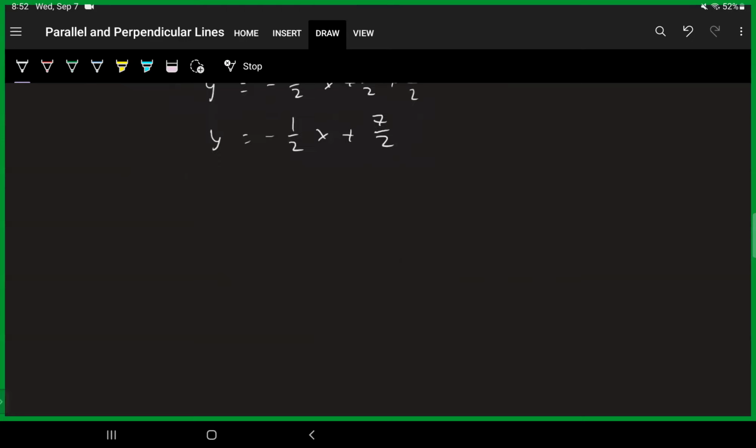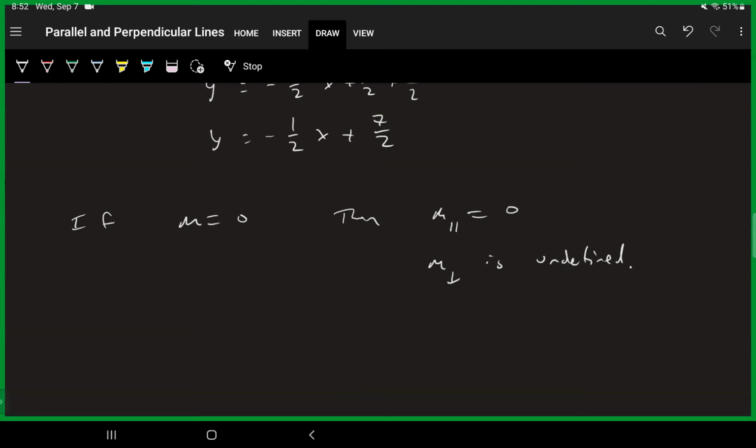I want to let you know that there are two special cases again. If I have a 0 slope, then a parallel slope is going to be 0 as well. My perpendicular slope will be undefined. And if you want to think about that, horizontal and vertical are perpendicular to one another.